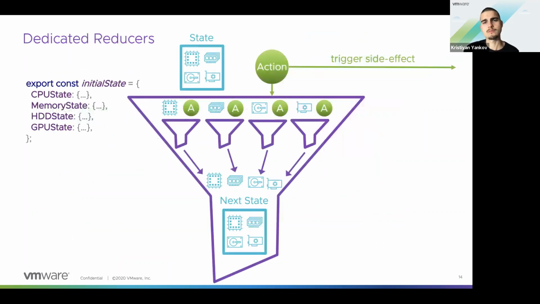And reducers are probably the most important concept in Redux, and we can have dedicated reducers for different kinds of entities of state or even different features. As illustrated here, we have 4 reducers, one for each of the entities that we have in our initial application state. For example, we have one reducer for the state of the CPU, one for the state of the memory, etc. Each of these reducers is just a pure function accepting 2 parameters, the current state and the dispatched action.